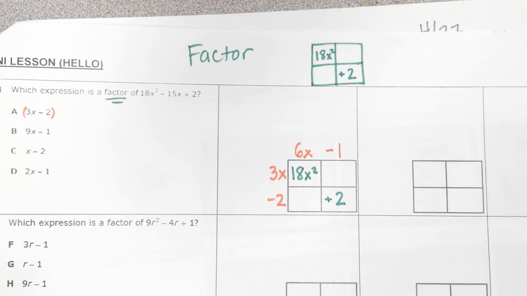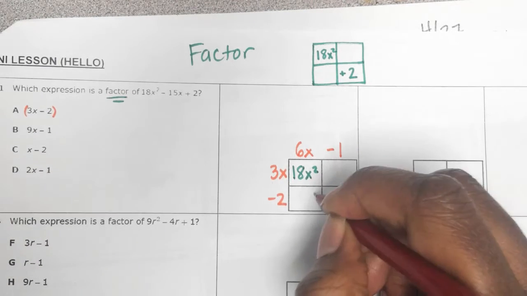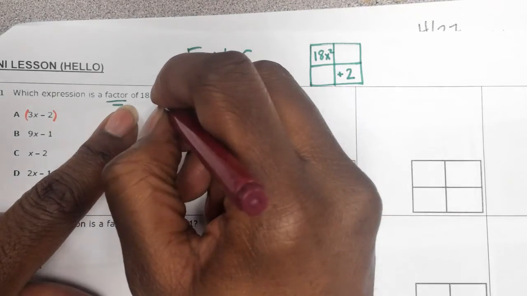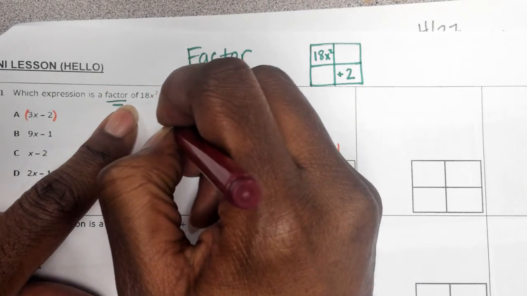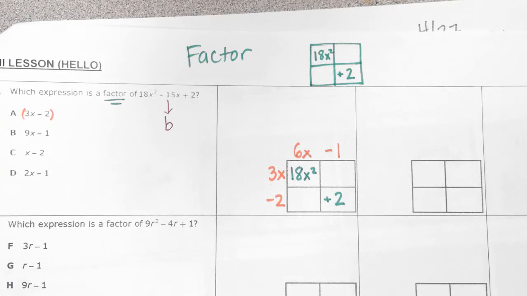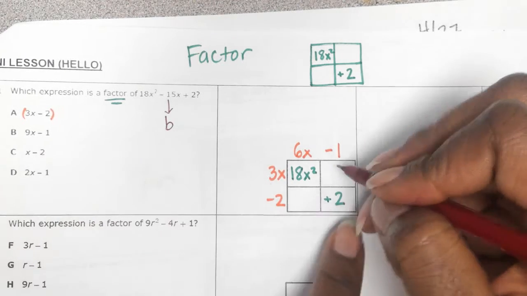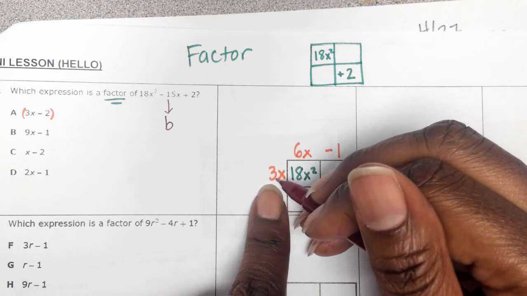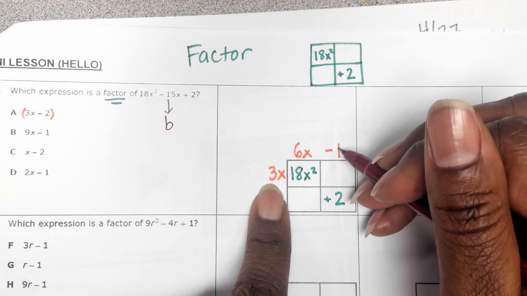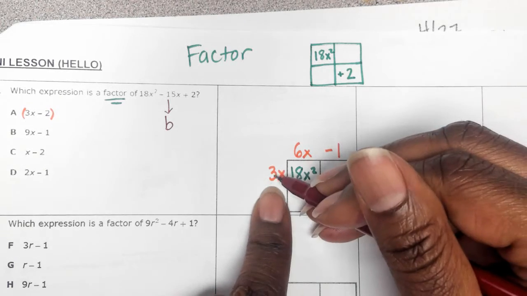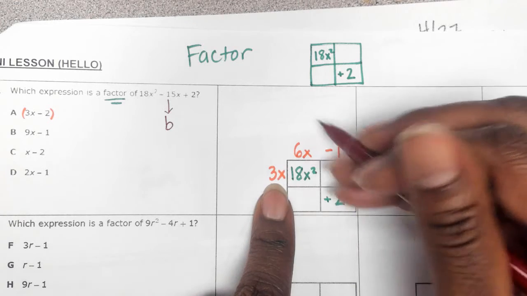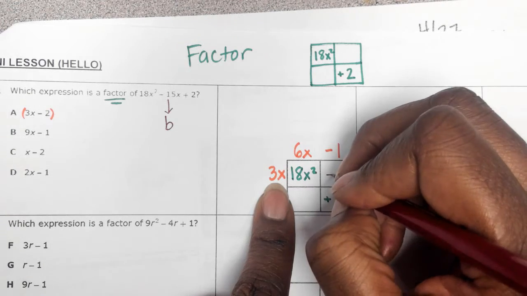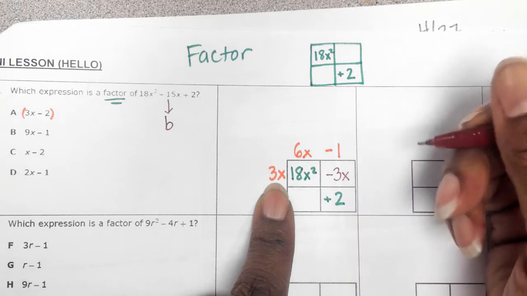But these two, if it's really going to work, these two have to add up to the B value. And the B is negative 15. So if I want to figure out what this missing number is, I need to multiply it times what's all the way in the front and right on top. So 3x times negative 1 is negative 3x.